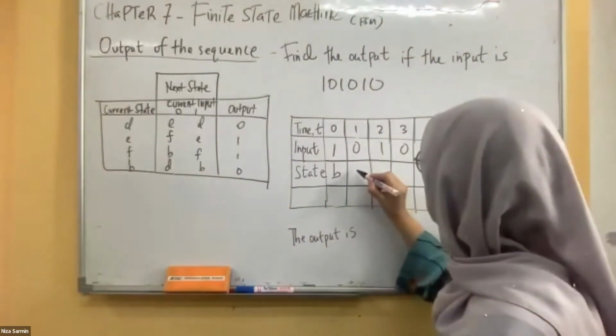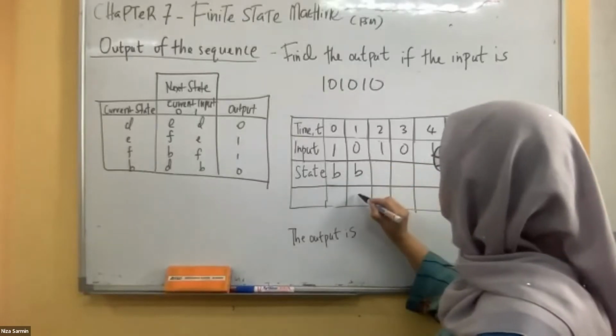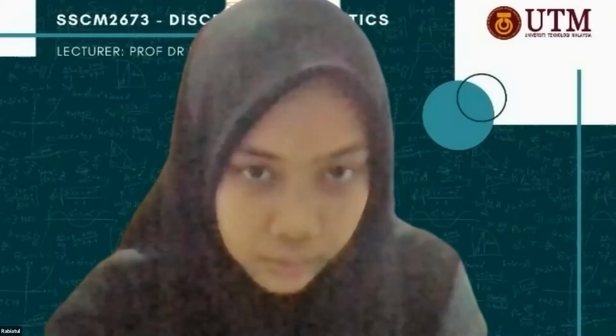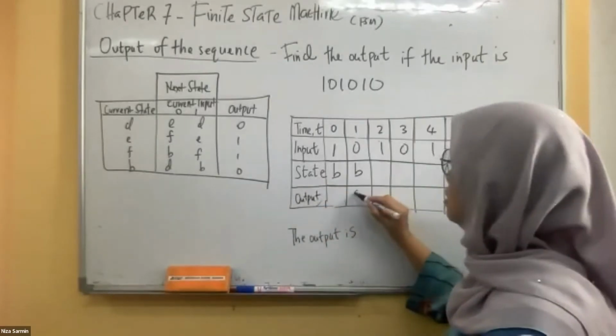Okay, bacakan. 1B, D. 1B, B ya? Okay, output 0. Ni pun optional, kadang kita tak tulis ya.